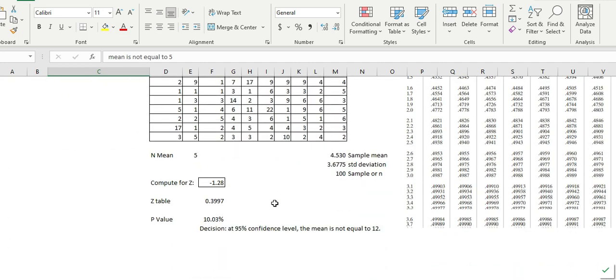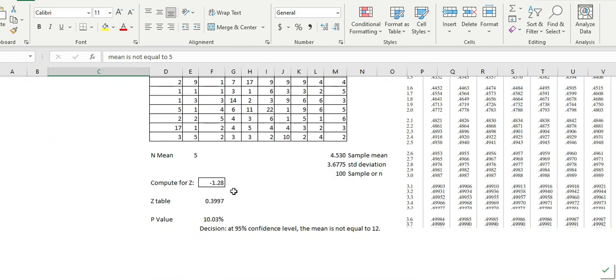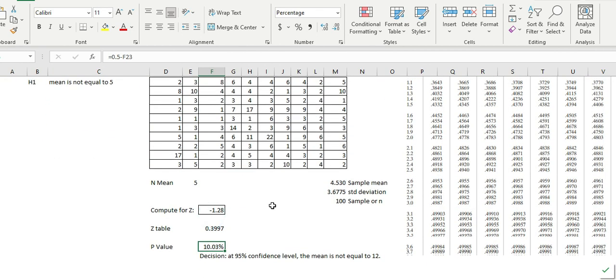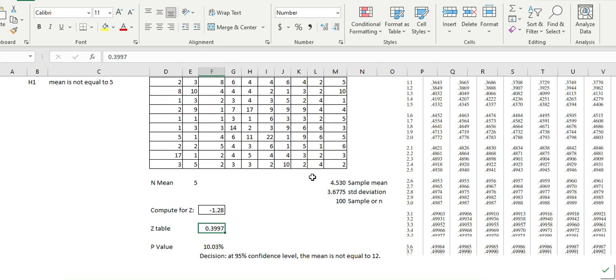So here, since this is 10%, we have to accept the null hypothesis.